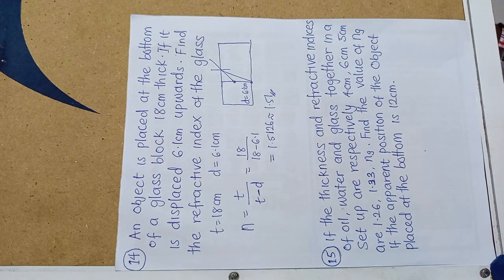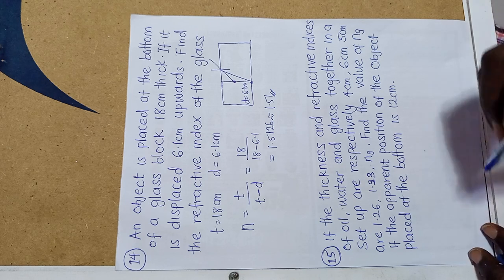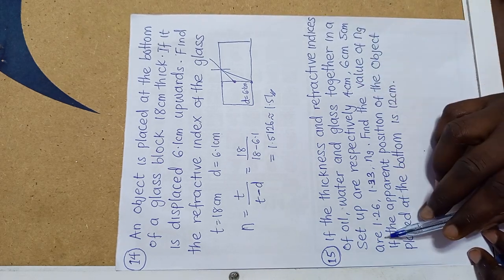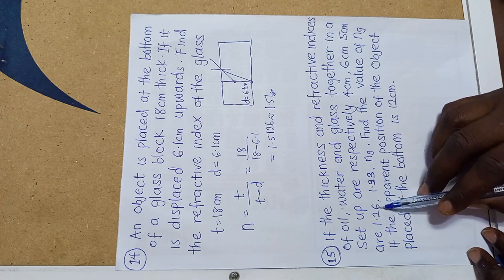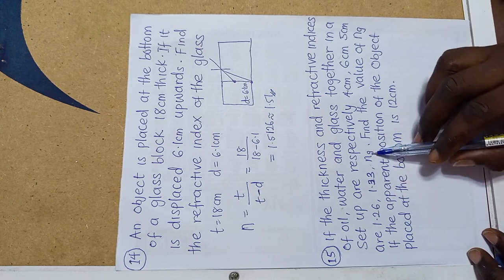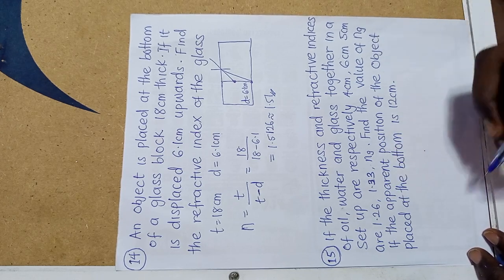Now, the next question says, if the thickness and the refractive index of oil, water, and glass together in a setup are respectively 4 centimeter, 6 centimeter, 5 centimeter, and their refractive index respectively is 1.26, 1.33, and ng. Find ng.